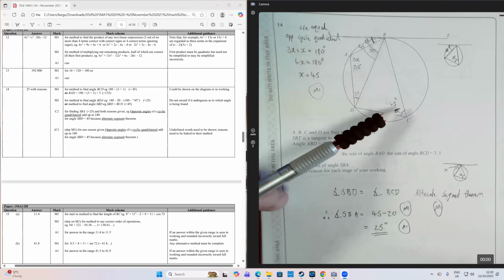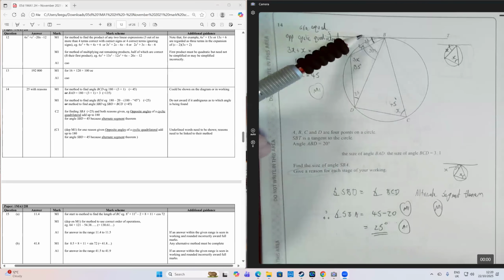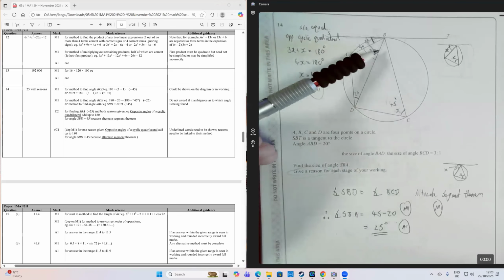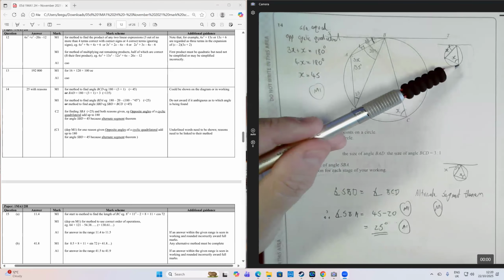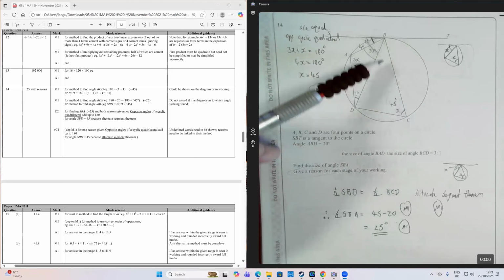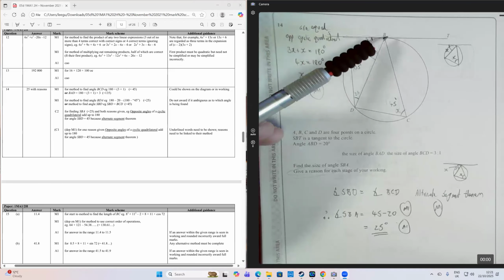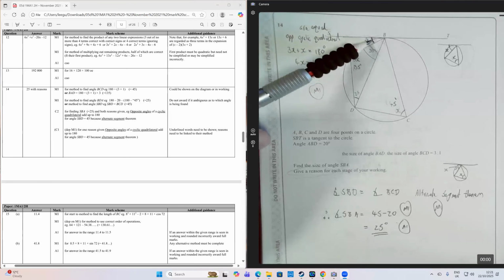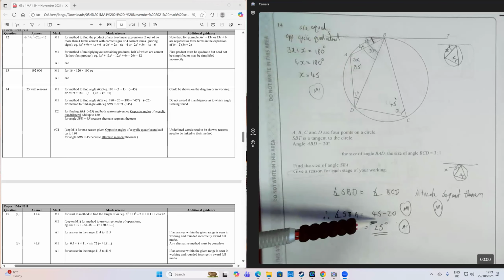Once we knew that x was 45, we know that this angle x is the same as this whole angle here from the alternate segment theorem. So that whole angle there is the same as that angle there, and we now know that that's 45. So this little angle that we want, angle SBA, must be 45, the whole angle, take away 20. So therefore it is 25. And that is the answer to that question.